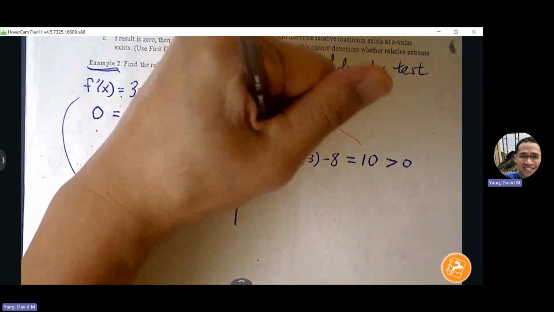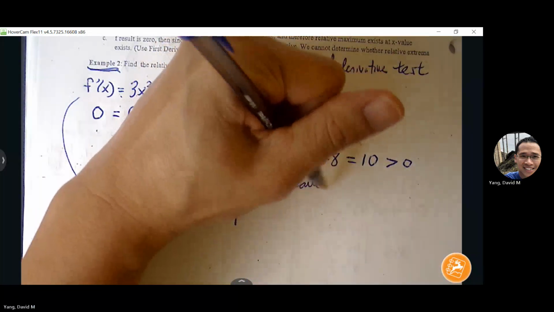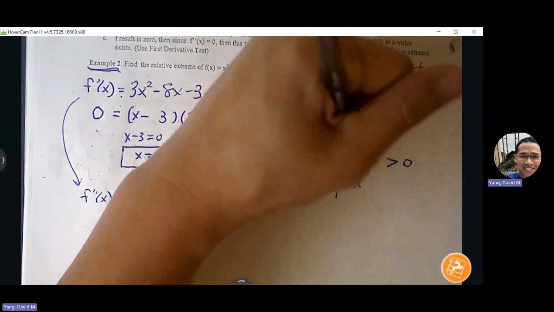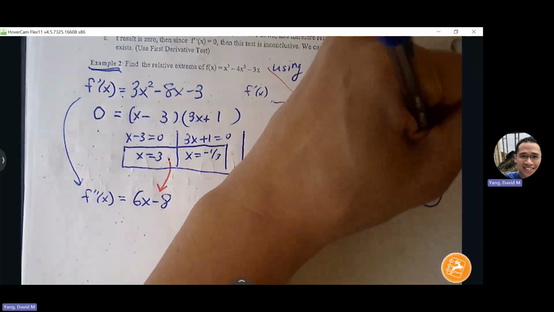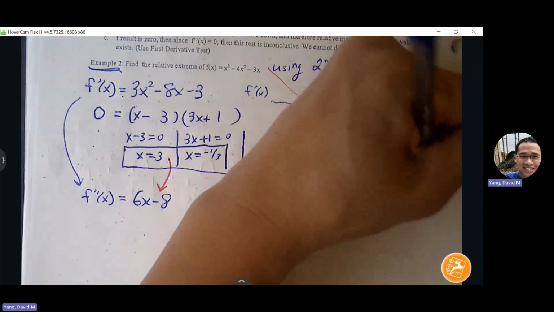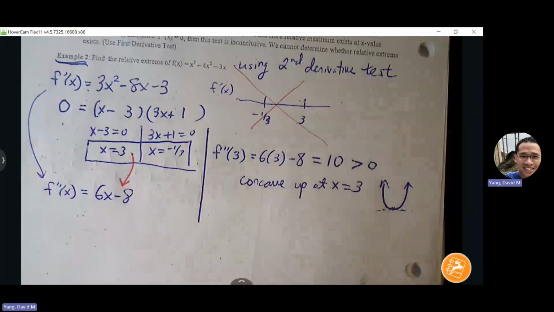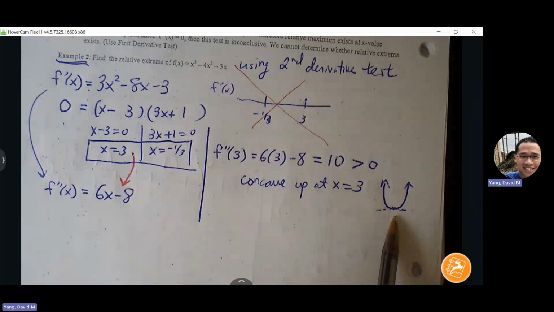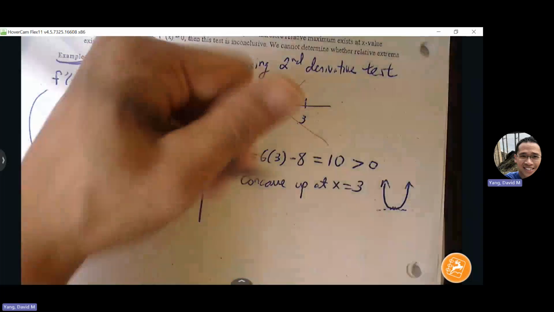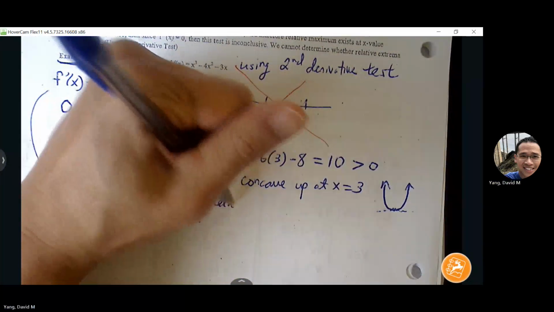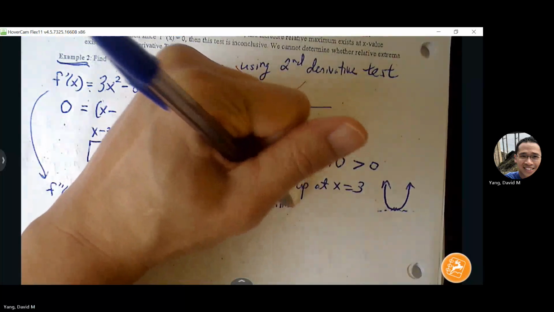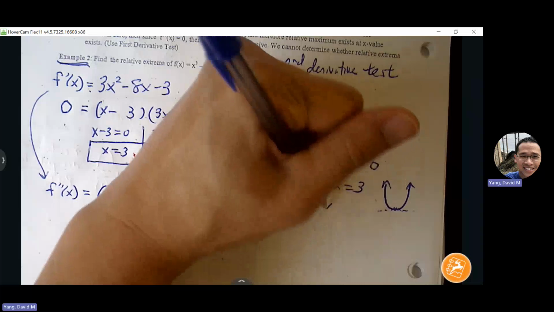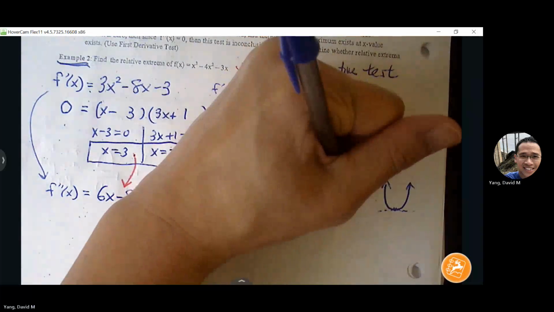So I'm going to say concave up at x equals 3. Visually draw the graph. You don't have to, but I think it really helps to convince yourself that you're not staring at a relative max, you're staring at a relative minimum. So we're going to say relative minimum at x equals 3.